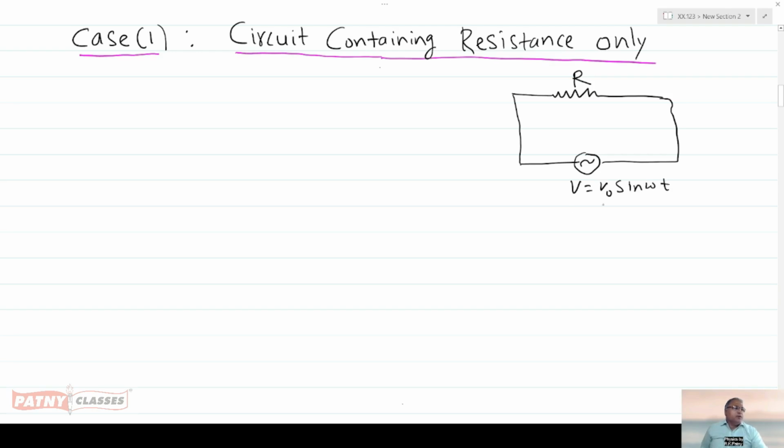This is the voltage applied across the resistor. In case of AC supply, the voltage is given by V naught sin omega t. What is V naught? V naught is nothing but the peak value of voltage. It is also called maximum voltage, the maximum value of the voltage.